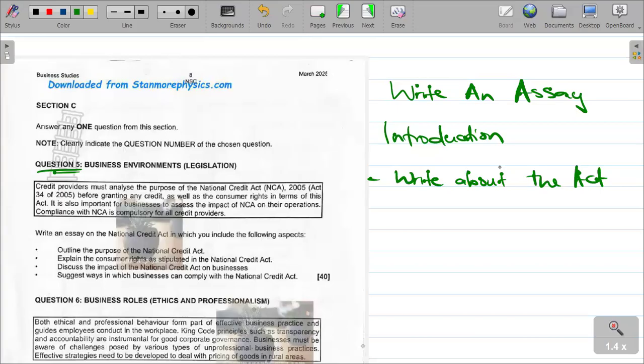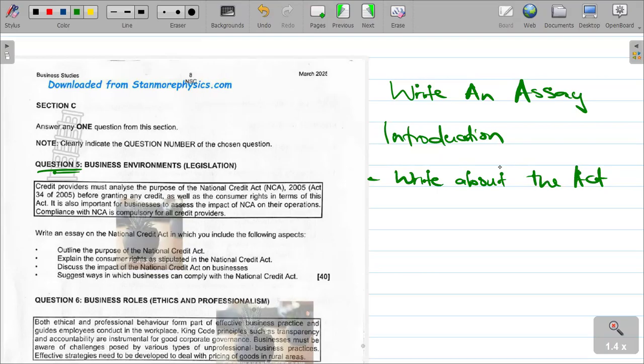Business should always ensure that the rights of consumers are protected to maintain a good business image. Businesses must maybe explore various ways to comply with the requirements of the Act. The Act has a positive and negative impact on both the client and the business.